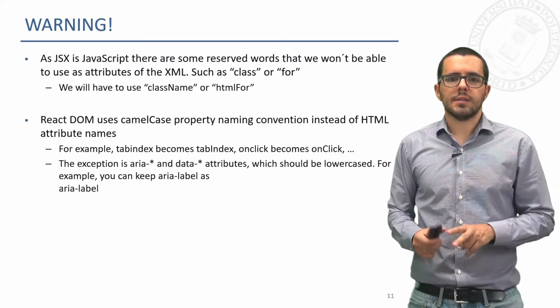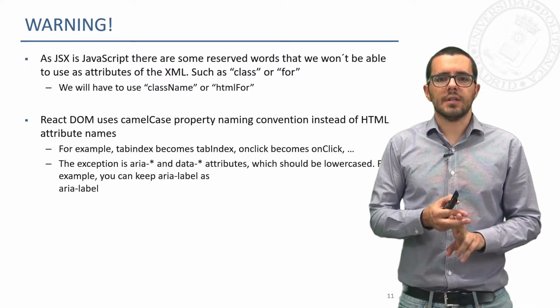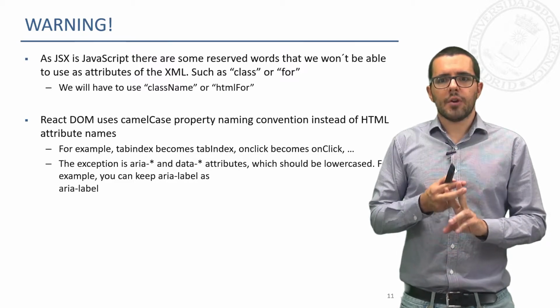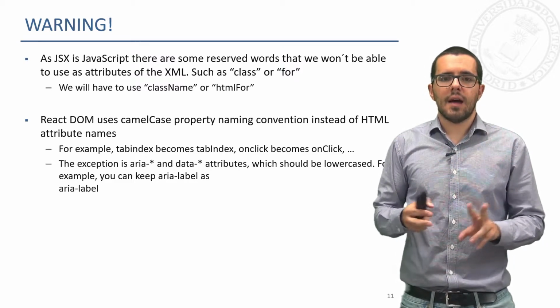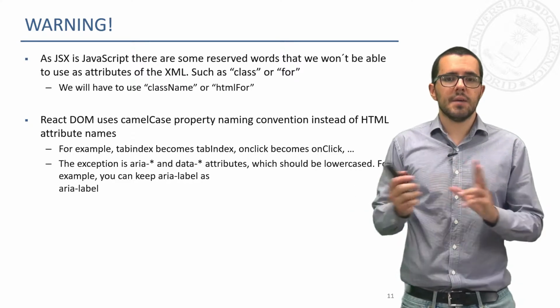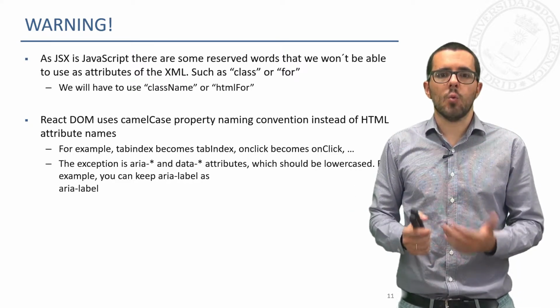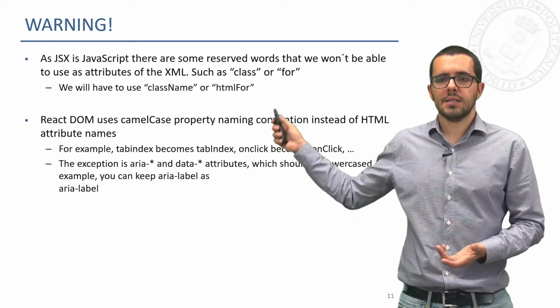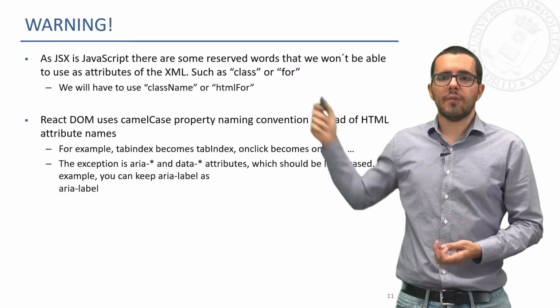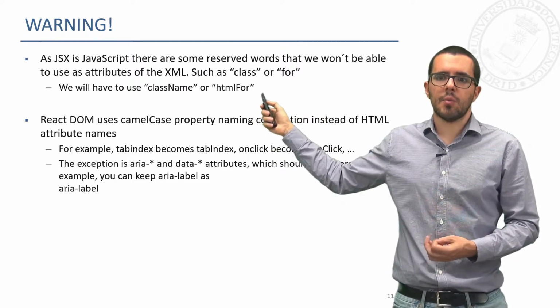Well, two warnings, two things that are different. The first one is that as JSX is JavaScript, there are some reserved words, for example, class and for. We will have to use className and htmlFor.